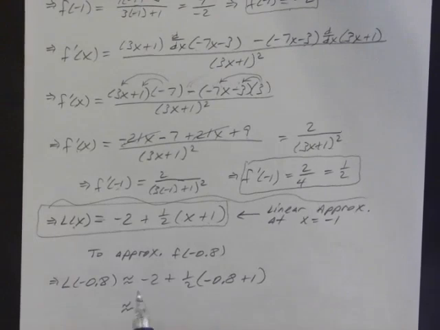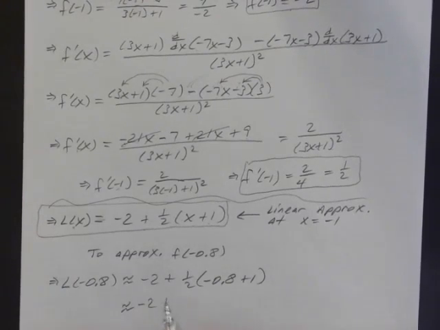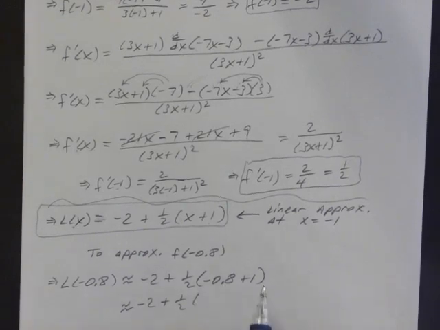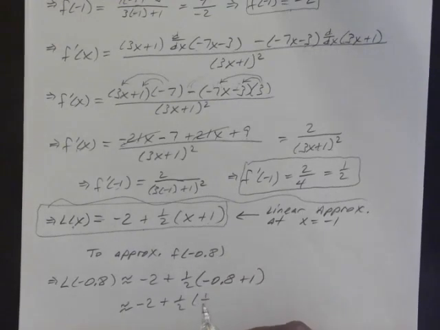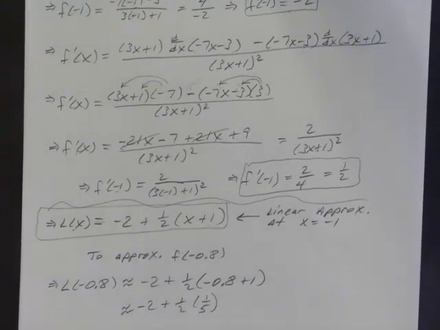Okay. So you can plug that into your calculator, or this one, you can probably do it by hand. So -2 plus 1/2 times -0.8 plus 1 is 0.2. And 0.2 converts to 1/5. Okay, so -2 over, let's say 1/10.